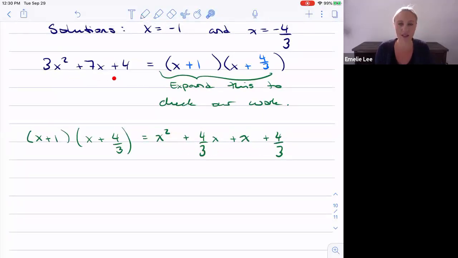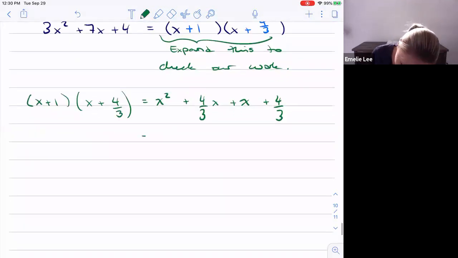This looks nothing like this, but after we rework it, remembering how to deal with fractions, we can combine these like terms by putting this x over a common denominator of 3. So what we get is x squared plus 4 over 3x plus x times 3 over 3 plus 4 over 3.